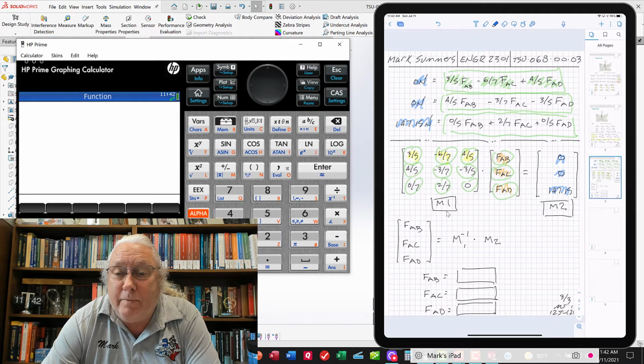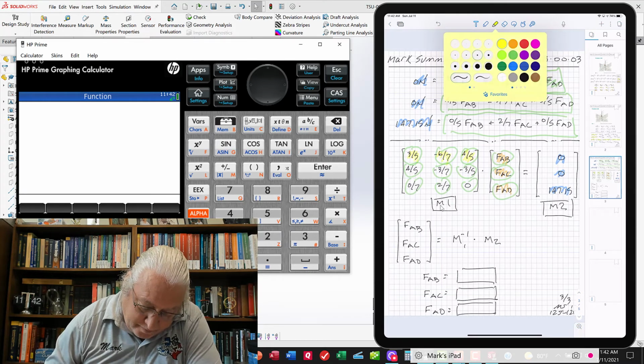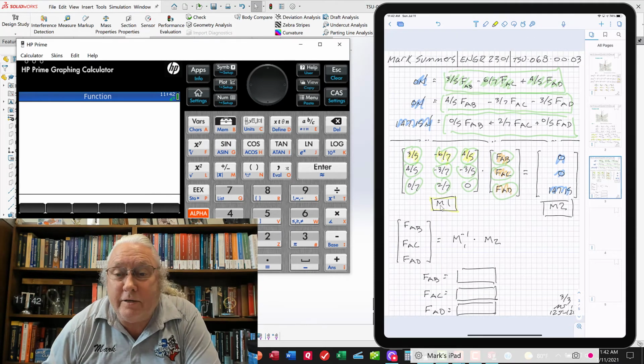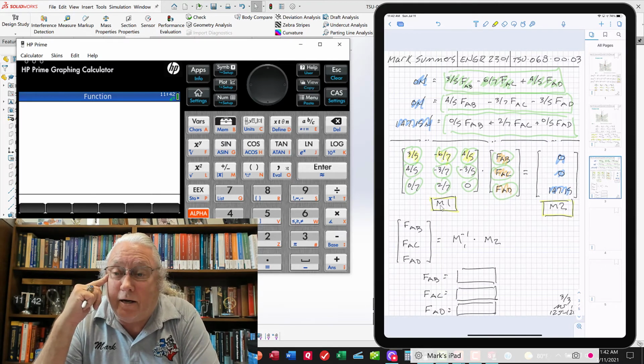I've built this matrix and called it M1. So this 3x3 matrix here is M1, and I've defined this matrix over here as M2 in my calculator. To solve for FAB, I just need to take the inverse of M1.